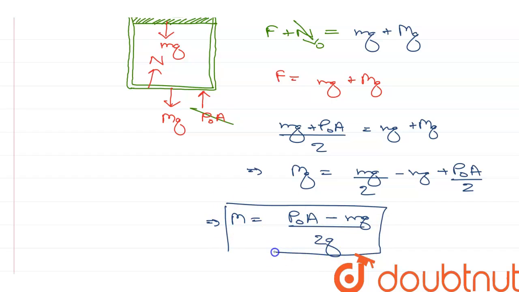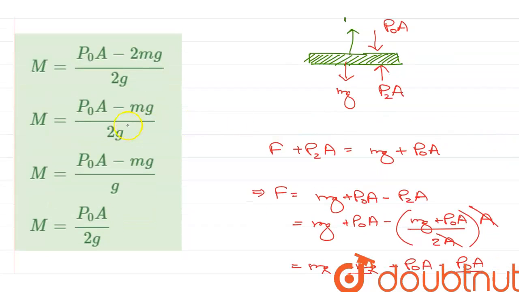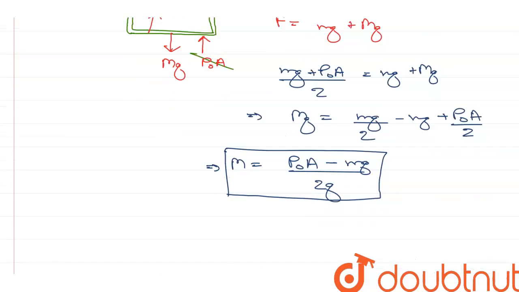So this is the maximum mass of the chamber. So the correct answer is option number B.